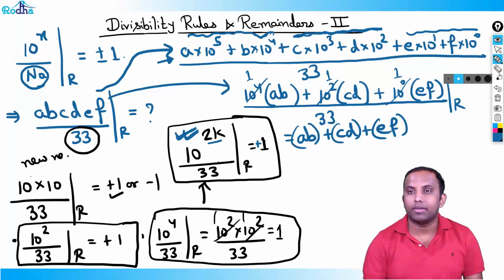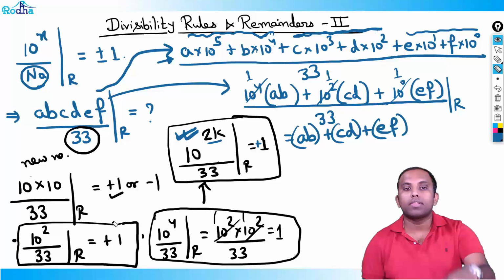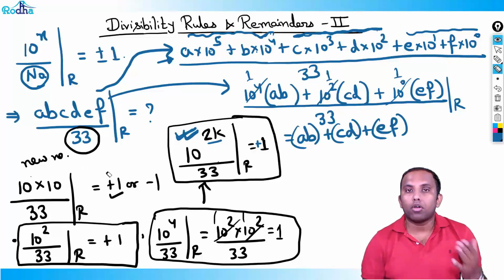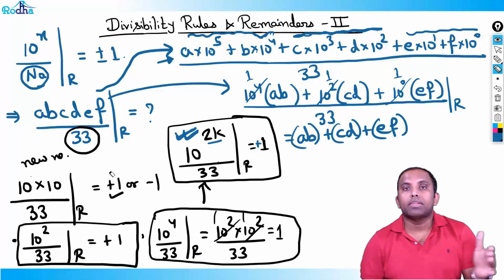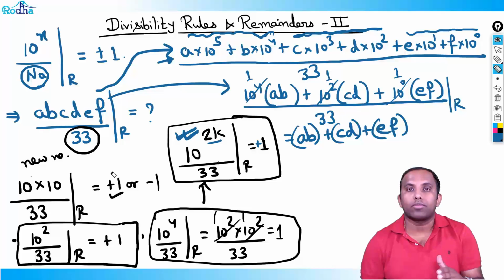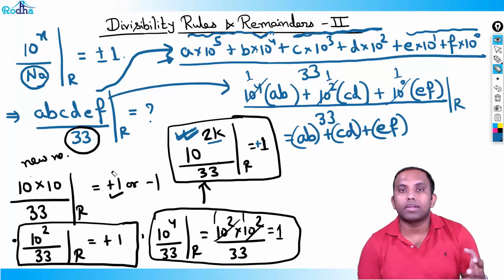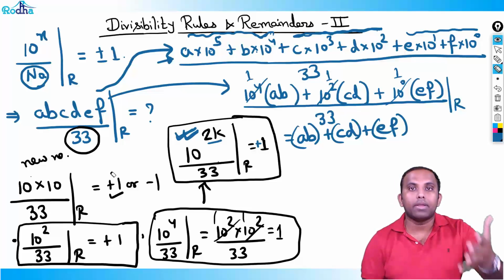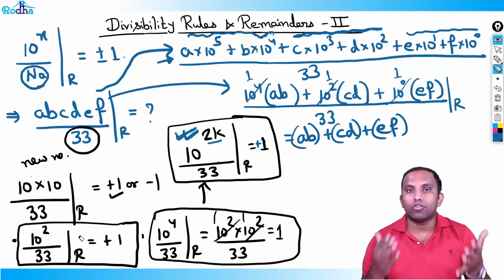Now, let me write here. So I've written here 10 square by 33. 33 was a new number for me, so I searched at what power of 10 dividing by 33 will I get a remainder of plus 1 or minus 1. Obviously 10 square by 33, that is 100 by 33, will give me a remainder of plus 1.